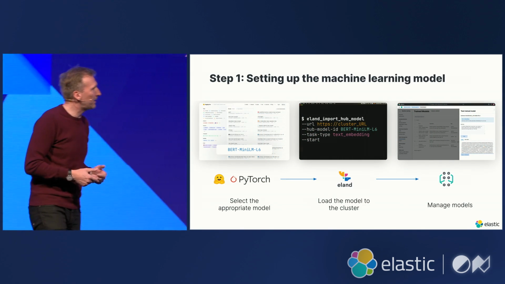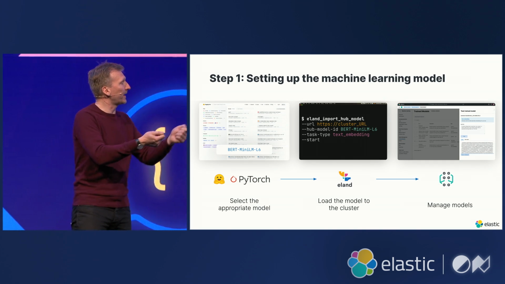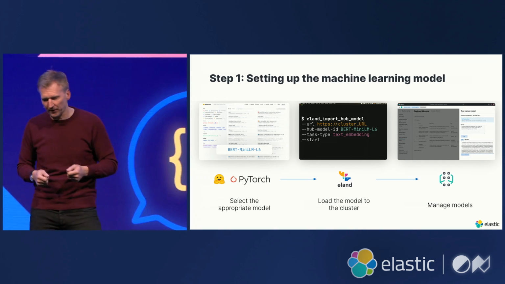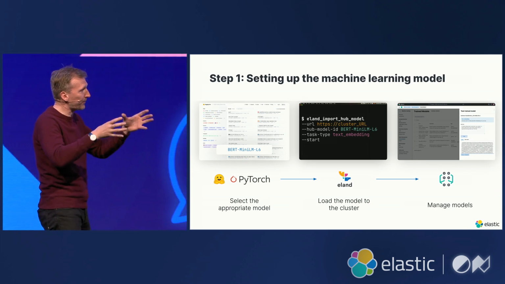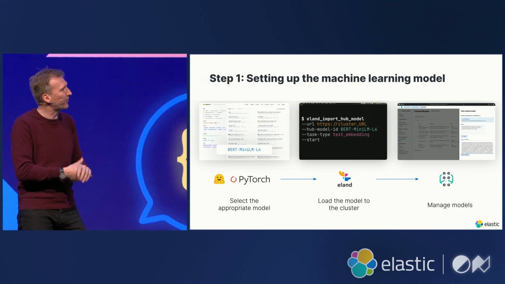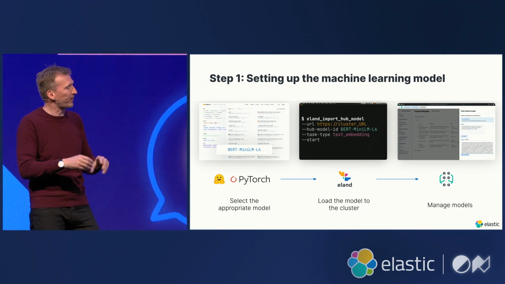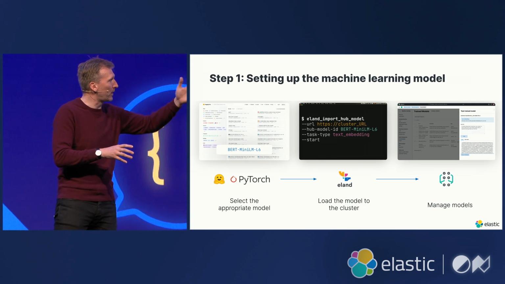So, in terms of the steps for doing that, the first thing is we need to get a machine learning model into the Elasticsearch cluster. And under the hood, Elasticsearch is written in Java, but all the machine learning components are mainly written in C++, and we've got PyTorch libraries there, which will allow you to embed PyTorch models.